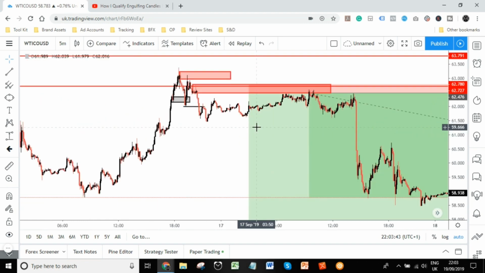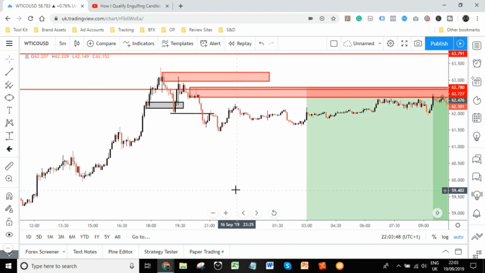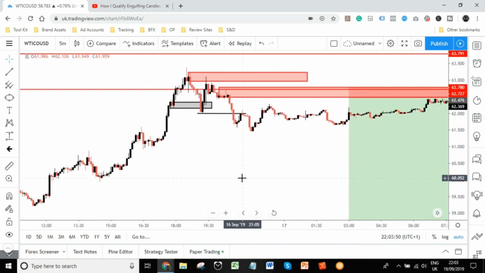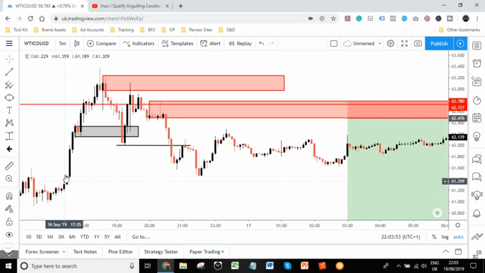So let's dig deeper here. Now this one is going to be slightly nuanced. Let me explain. So we have the push into the supply zone, right? And we can see here that just before the market has entered the supply zone, we've got this lovely bullish engulfing candle. So we are looking for this. So the push in is event 1.